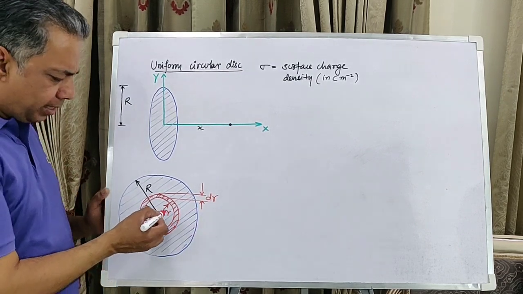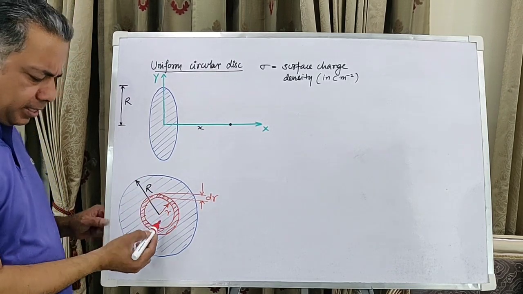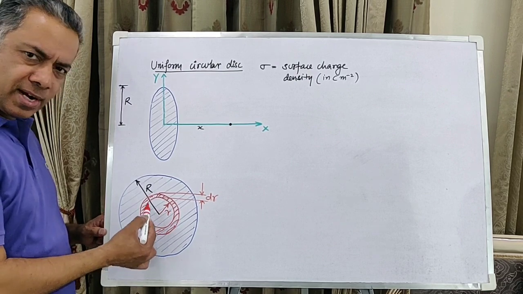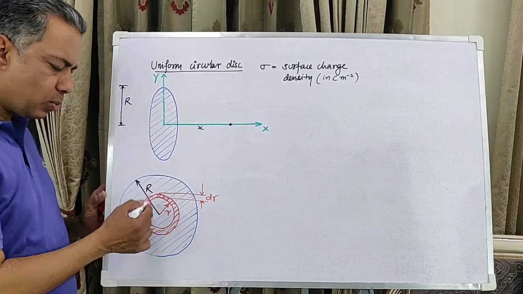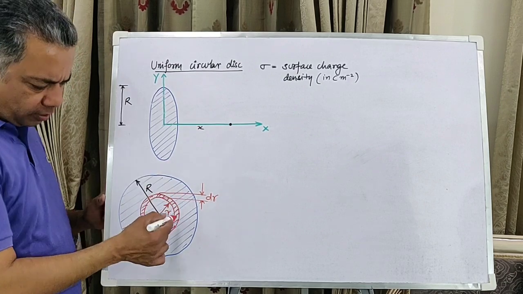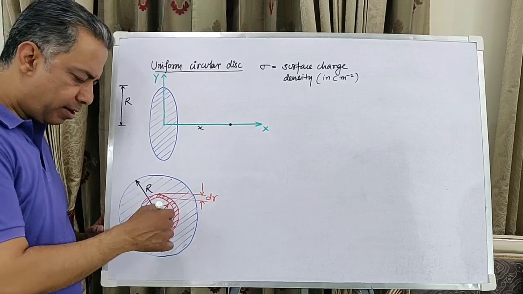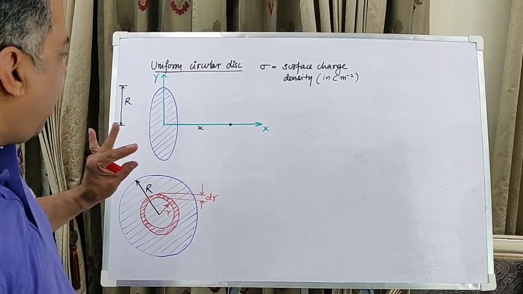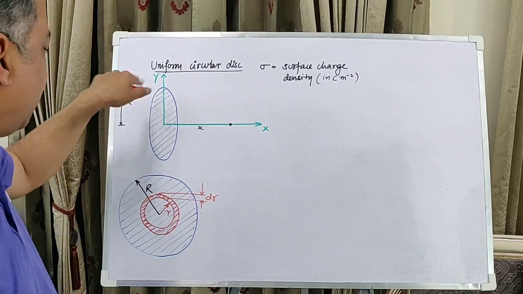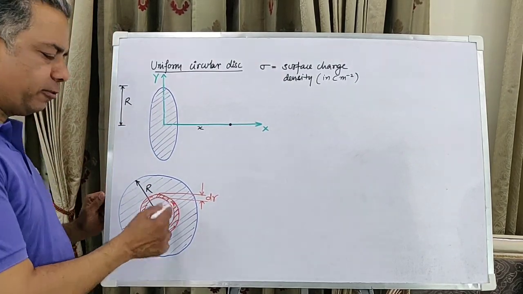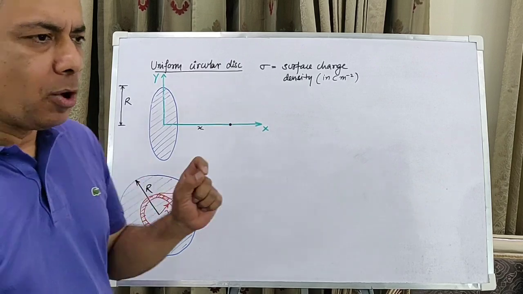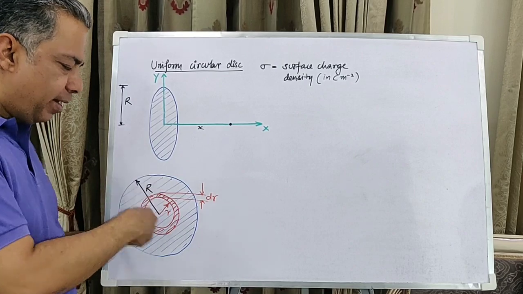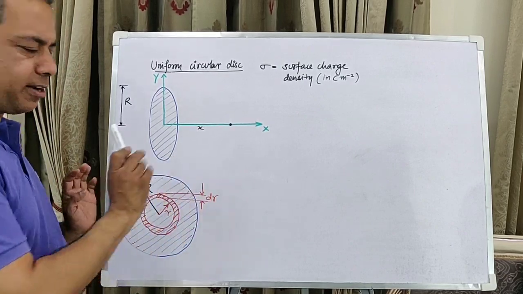Now I make lots of rings like this, starting with the innermost ring of nearly zero radius, and then I draw another one outside it, and another one, and so on and so forth. If I draw lots of such rings, what I end up with is the entire disk. I choose the ring because if I repeat it a large enough number of times, I can get the entire disk.